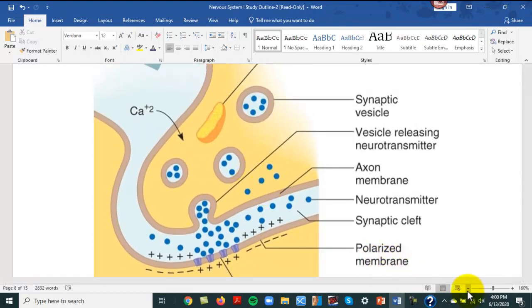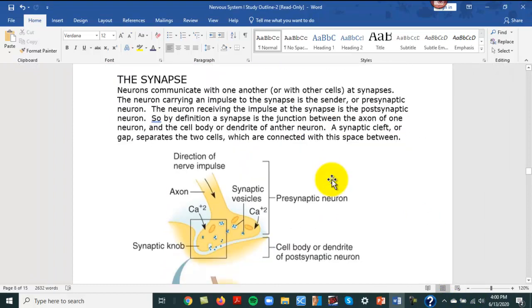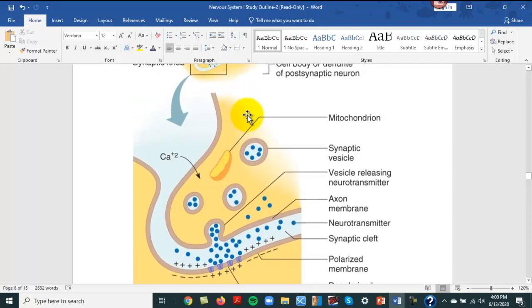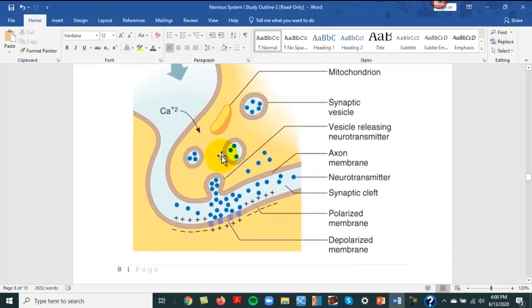So I'm going to make this a little smaller. I got it kind of big. So here is the end. It's just like with muscle. These are neurotransmitters, the blue dots. This is the synaptic cleft. See the pluses and minuses. Nerves depolarize just like muscles do. When a neuron action potential reaches the end, electricity will not jump over this space.